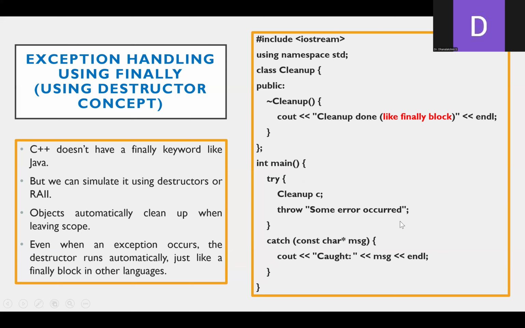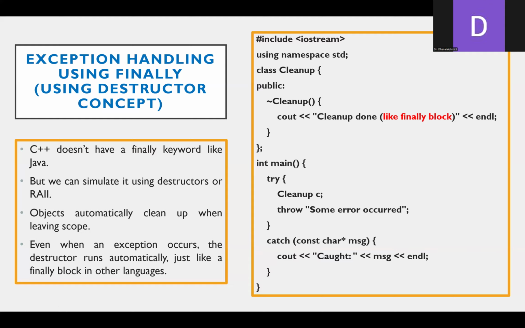Before jumping to the catch, the stack unwinds, meaning all the local objects in the try block are destroyed. Now the cleanup destructor runs, and automatic cleaning up will be done. The object c goes out of scope because we are leaving the try block due to the exception. Its destructor is called automatically.